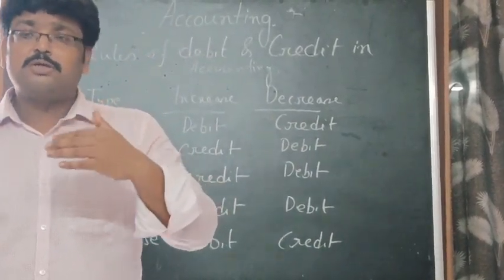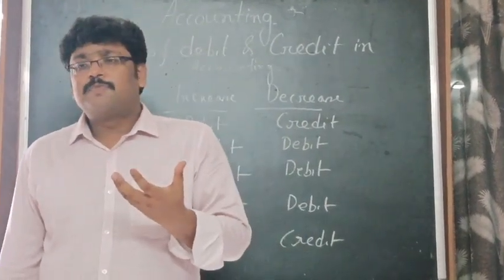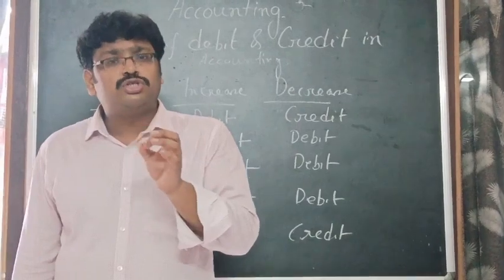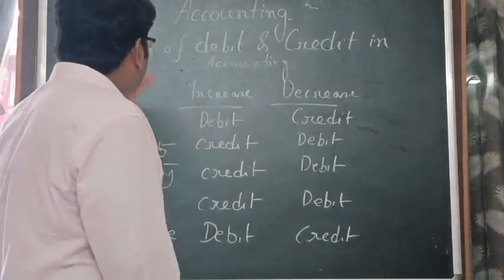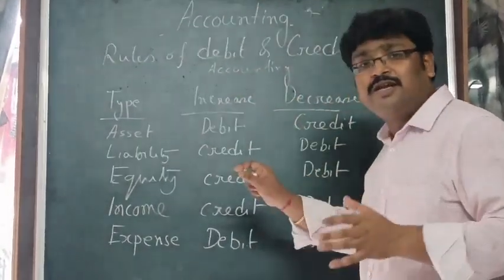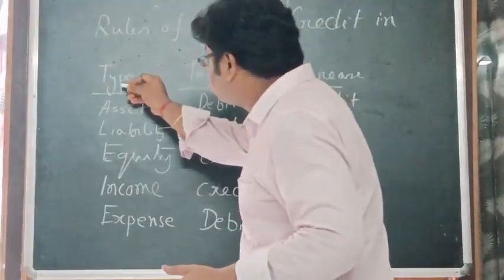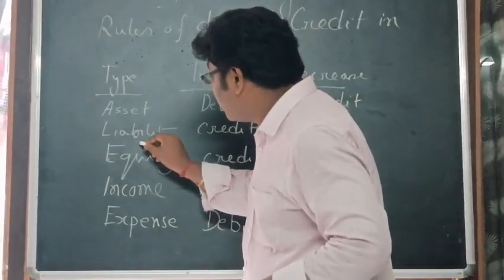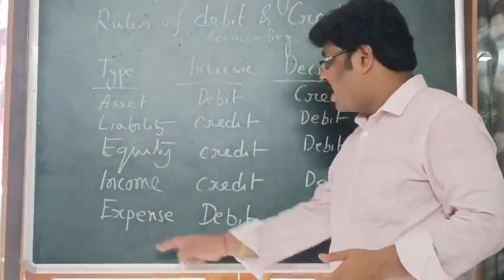Before I explain the example following the rules and regulations of accounting, I would like to show one thing here. These are the rules of debit and credit in accounting. Here are the types: assets, liability, equity, income, and expenses.